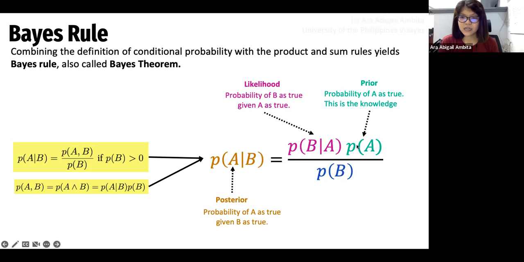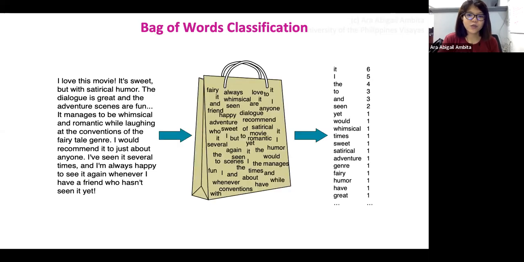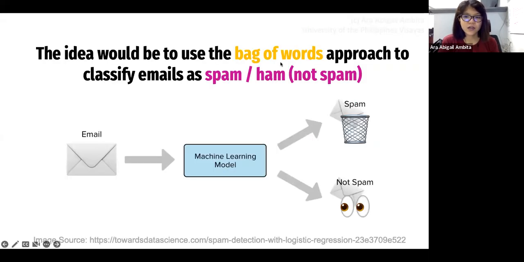This P of A may be easily computed from the data that we have. And the marginalization is the probability of B. Okay, so now let's have an example. Before that, let's discuss this bag of words classification, because what we want to do is to classify emails as spam or ham.